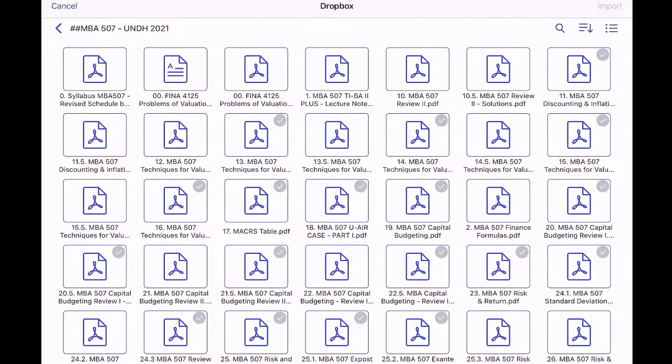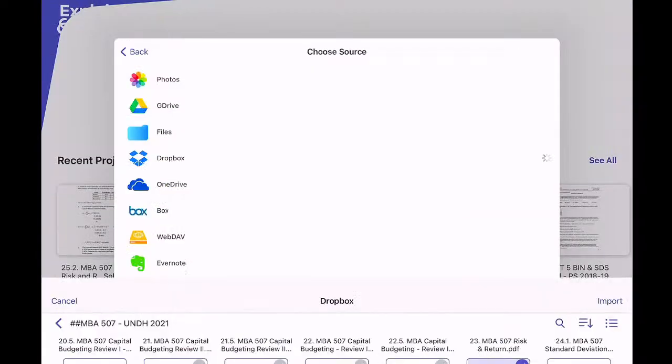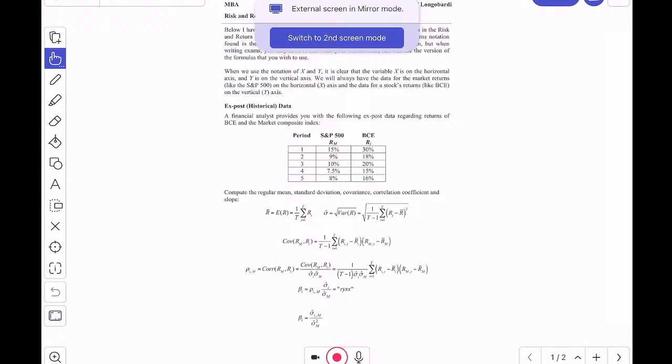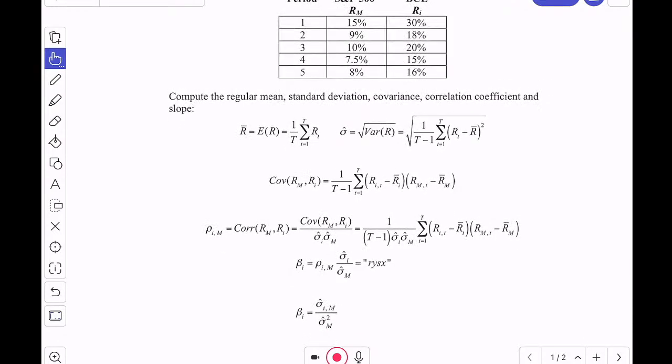Now as a tool, these are the same data sets, but what I've done here is converted the formulas using notation that we're going to use in finance.